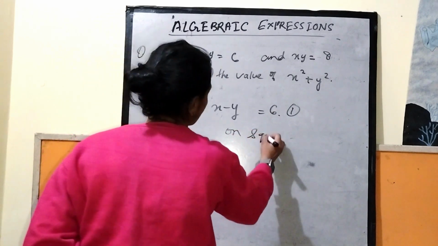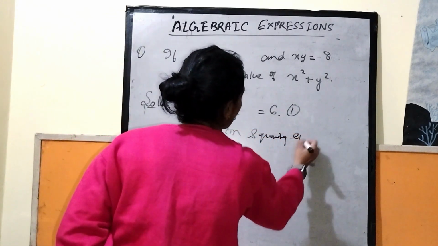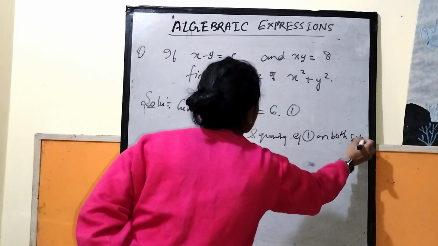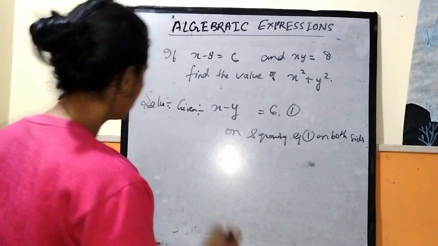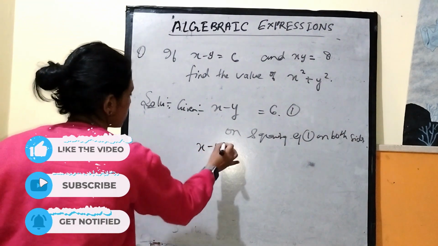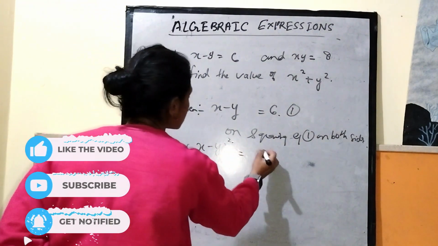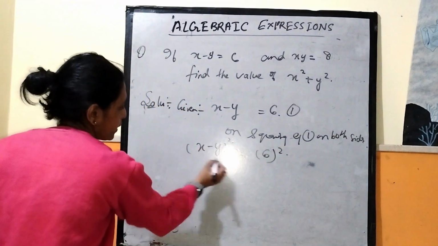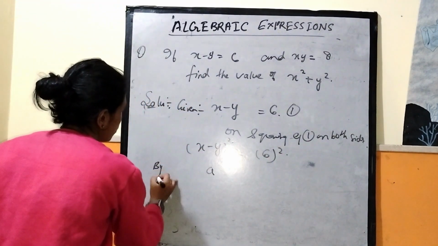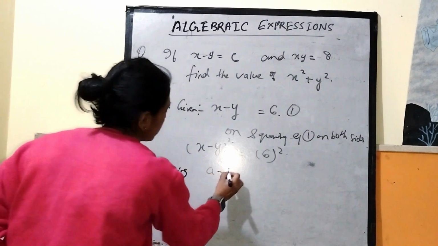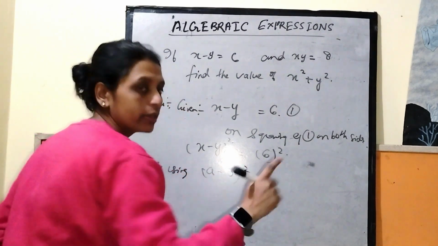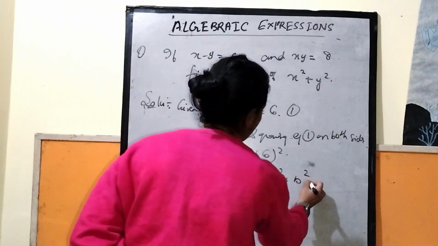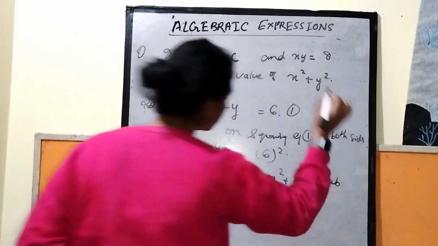On squaring equation 1 on both sides, we have to square the equation 1 on both the sides. So it gives x minus y whole square equals 6 whole square. We can apply here the identity: a minus b whole square is equal to a square plus b square minus 2ab.